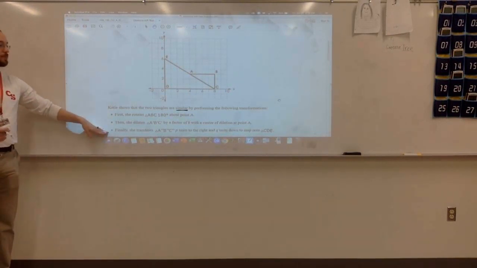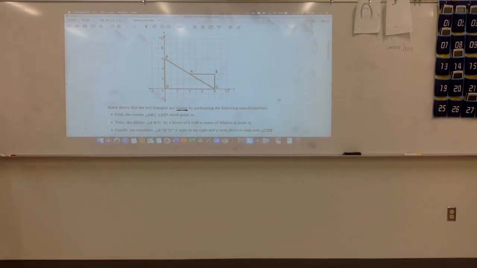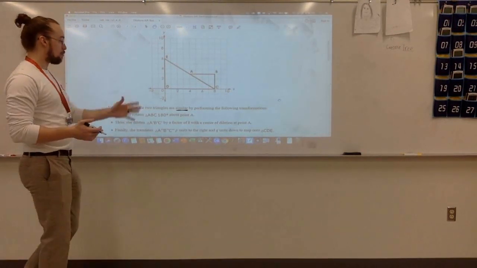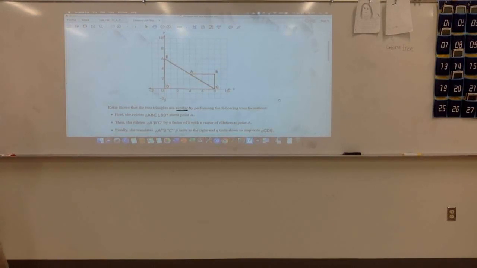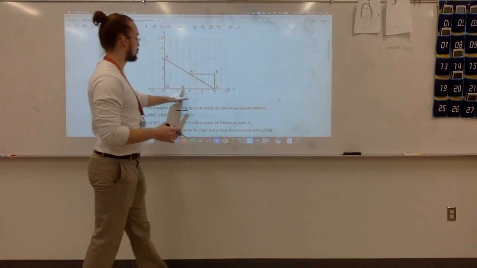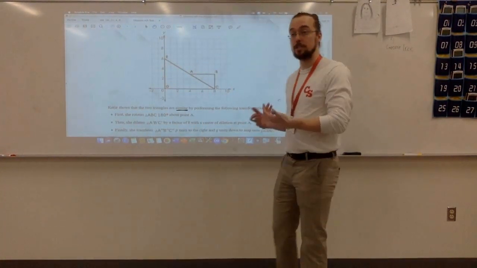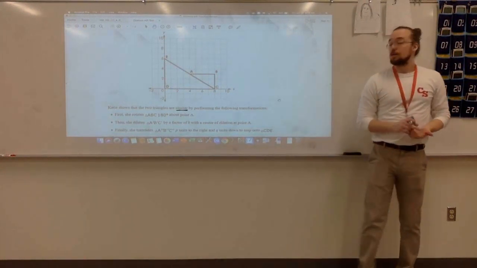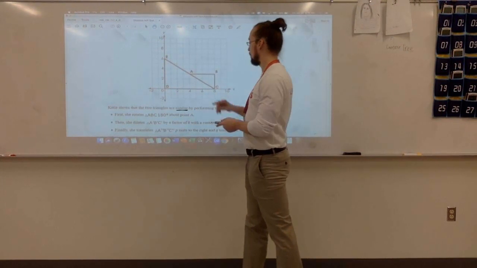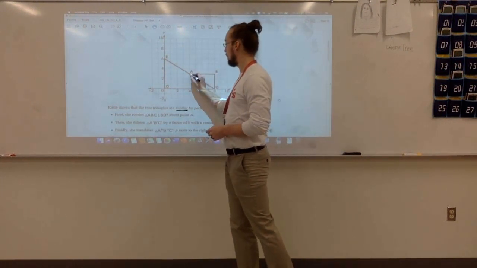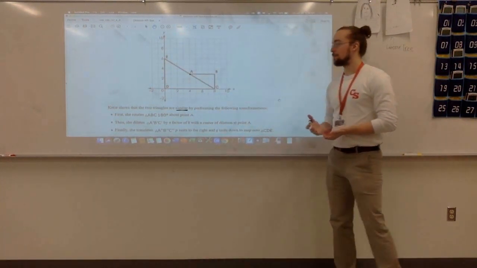It says she performs these transformations. She takes triangle ABC, rotates it, then dilates it, and then translates it to get to this larger triangle. We have to figure out how she did that. So, the first thing, we're rotating this triangle about point A 180 degrees.